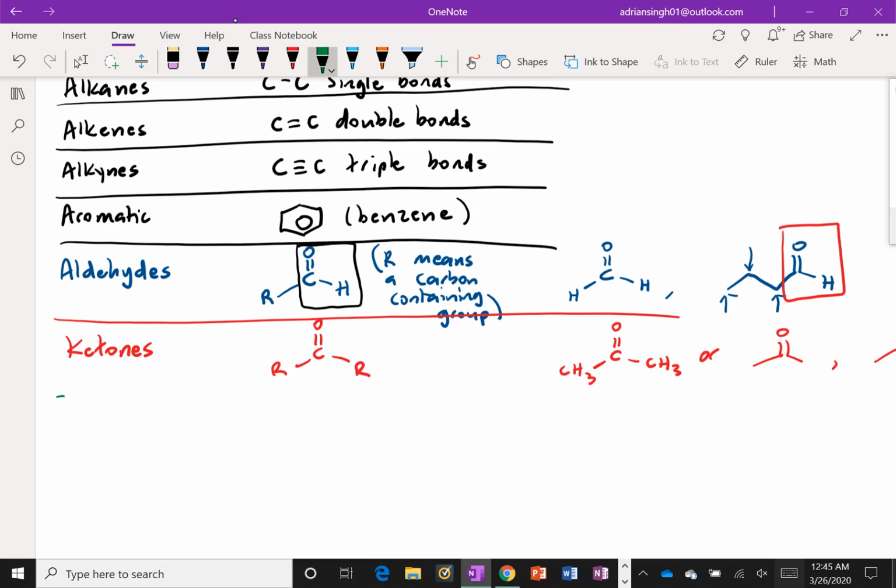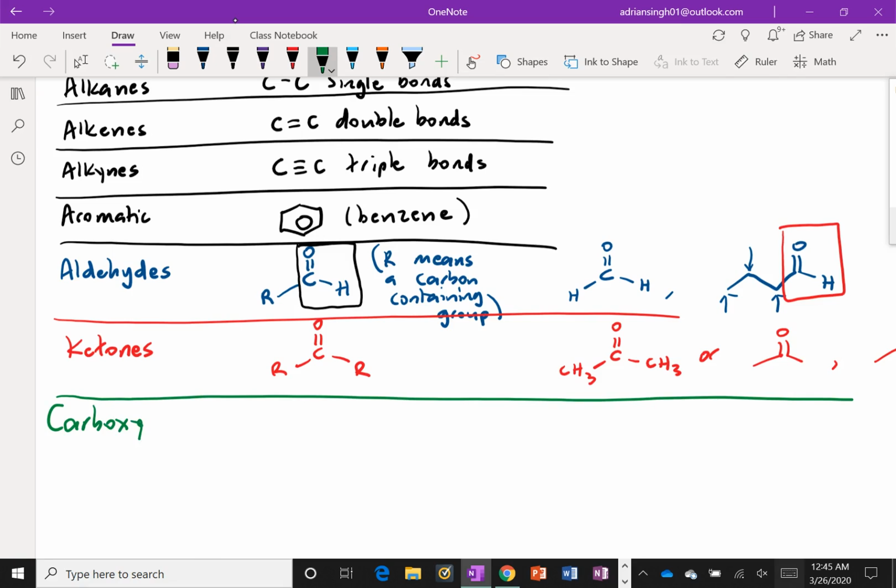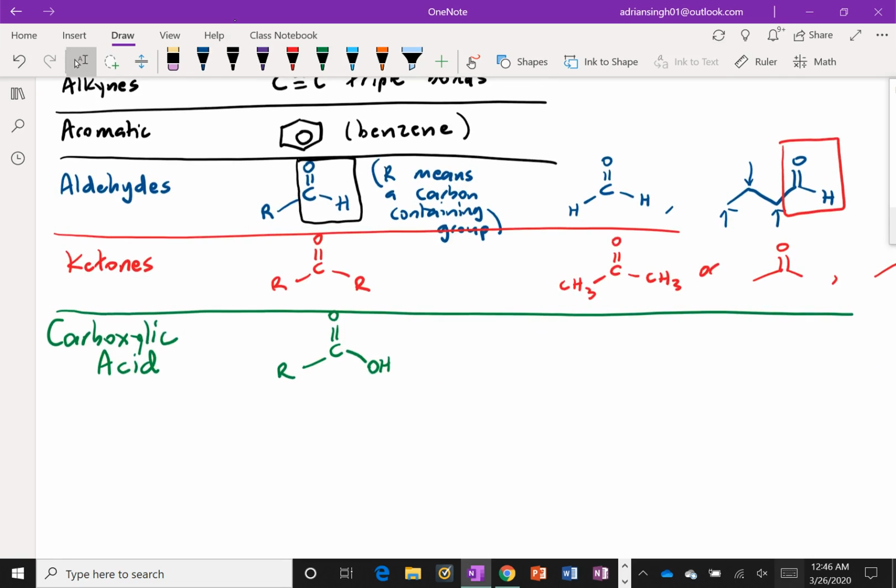We can also have something known as a carboxylic acid. Your carboxylic acid is going to look similar to a ketone and an aldehyde. There's a C double bond O, and now on one side there's an OH, and then on the other side there is that R group, a carbon-containing group, which can be a single carbon or a bunch of carbons.